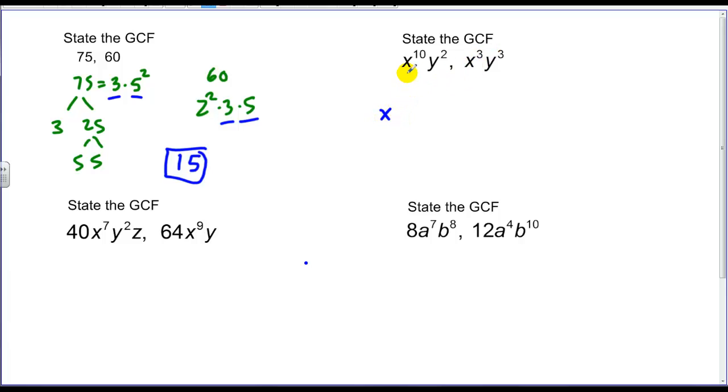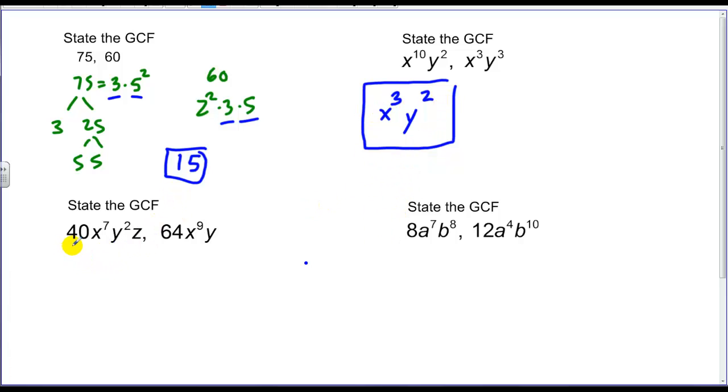Well, this has 3 x's, this has 10, so it must have 3 in common. And in terms of the y's, this has y multiplied by itself 3 times and y multiplied by itself 2 times. So y squared is the common term here. And our GCF is x cubed y.